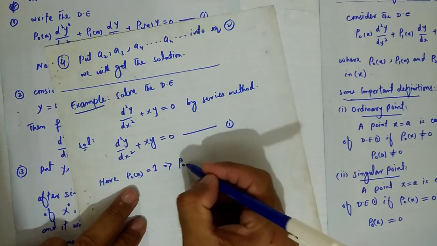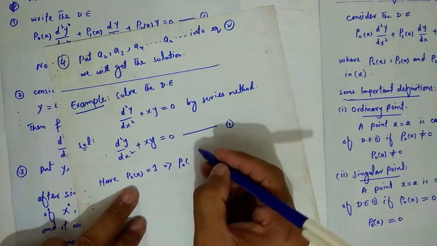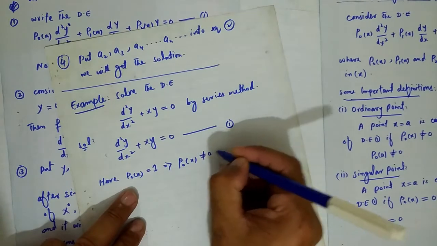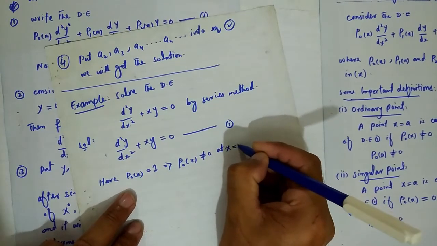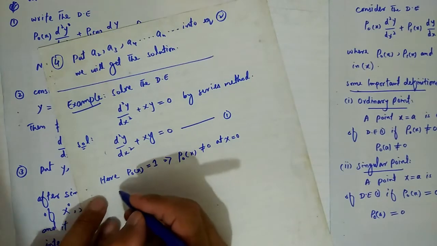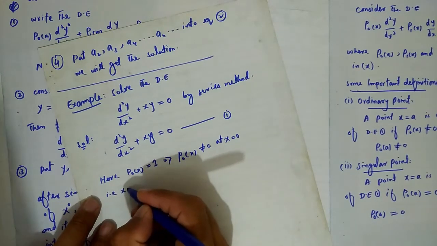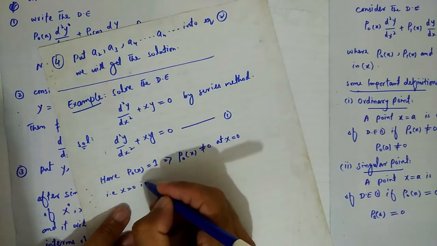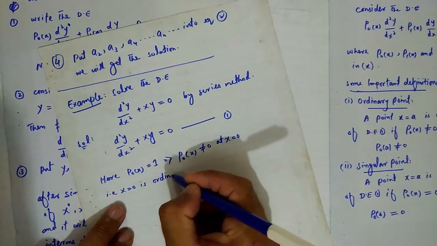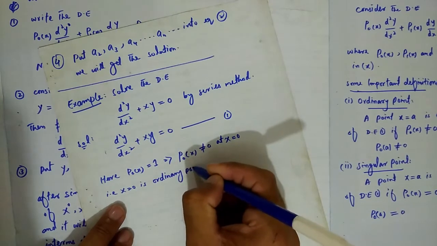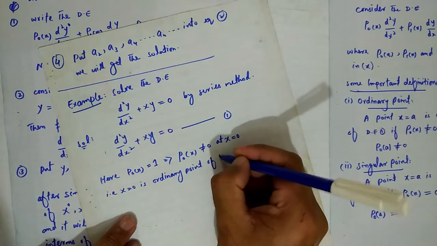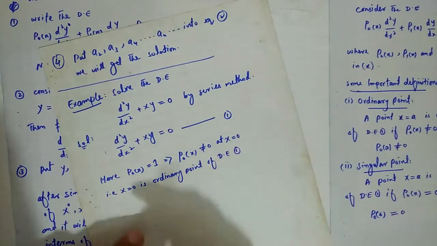So p0 of x doesn't vanish at x equal to 0. So this means that x equal to 0 is an ordinary point of differential equation 1.